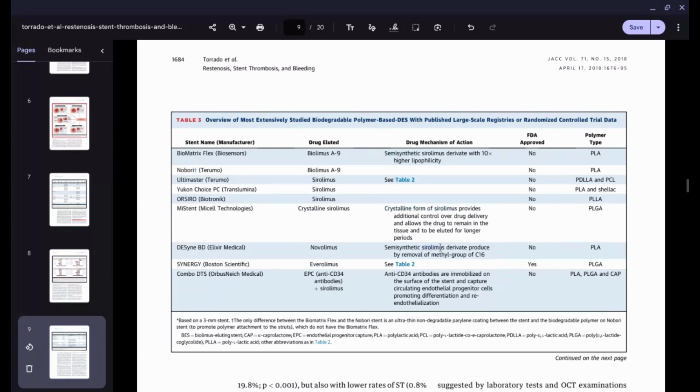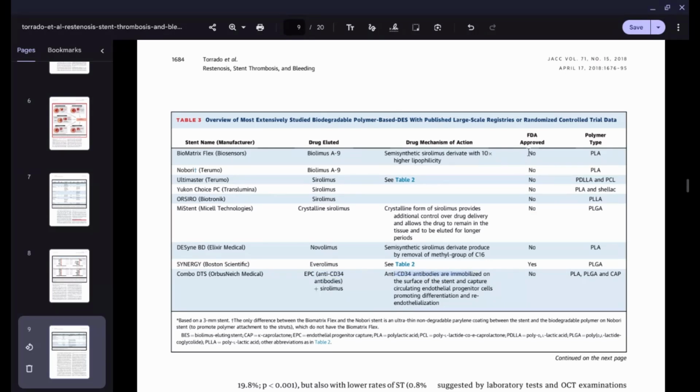Here, EPC, they have a mild change, endothelial progenitor capture. So they have a couple of antibodies. They have two drugs here, sirolimus plus one more thing. Certain antibodies are immobilized. Again, some immune function is altered, in a favorable way, in a very simple sense.